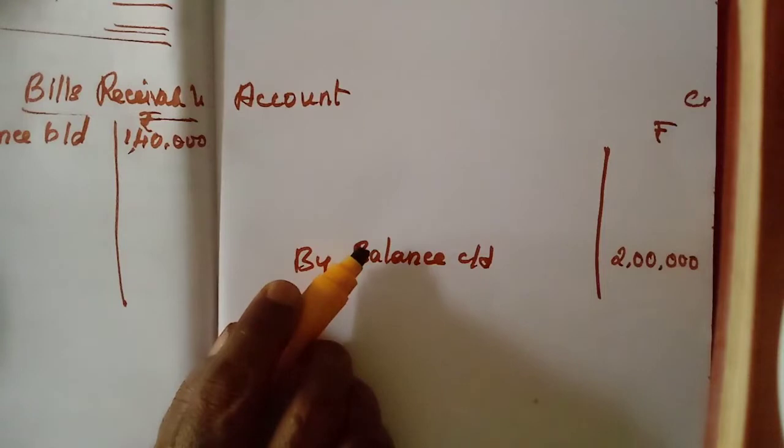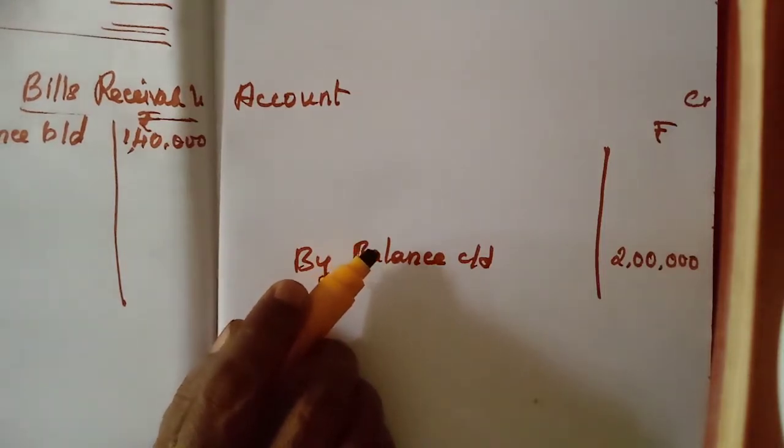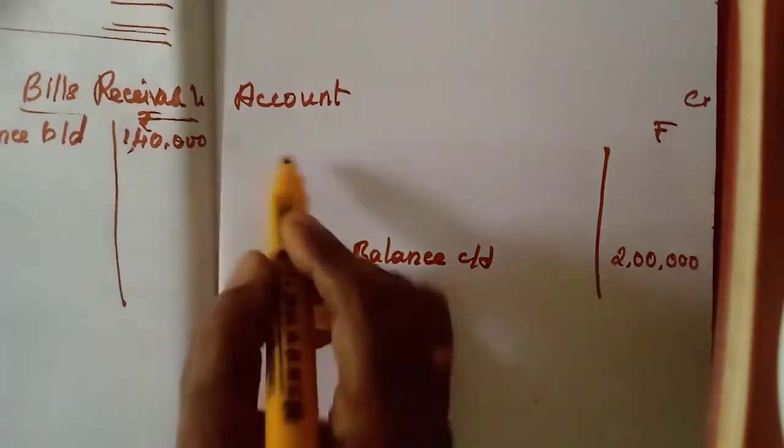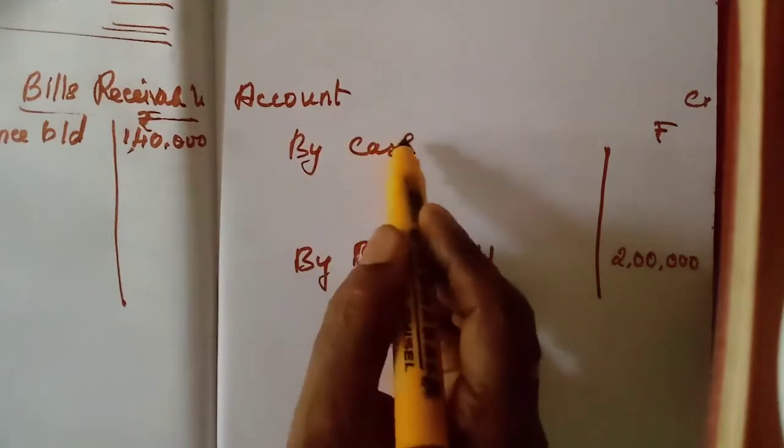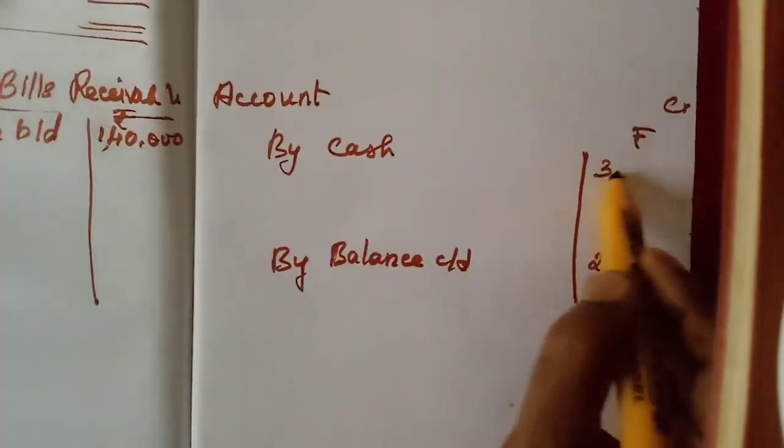Then cash received for bills receivable. Cash account debtor to bills receivable. So by cash 3,90,000.